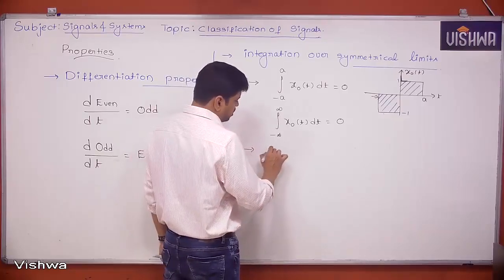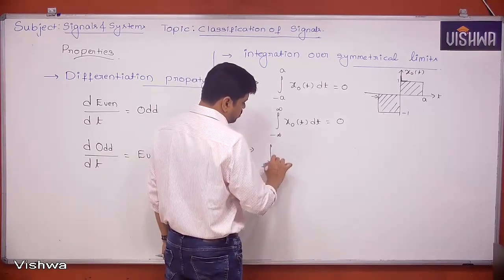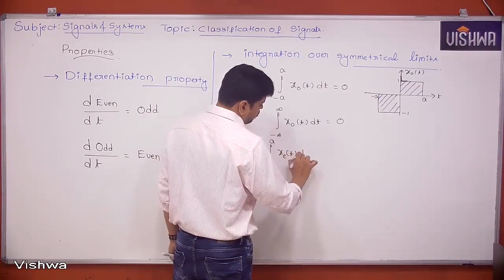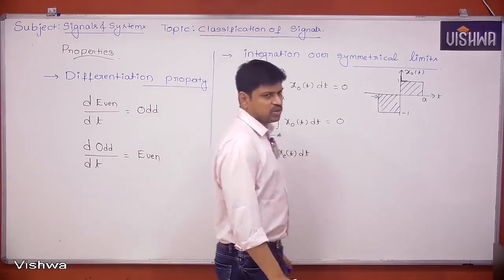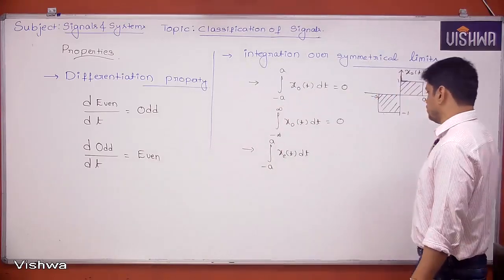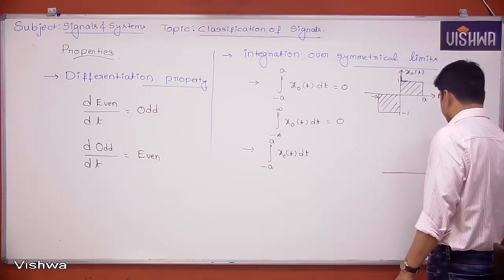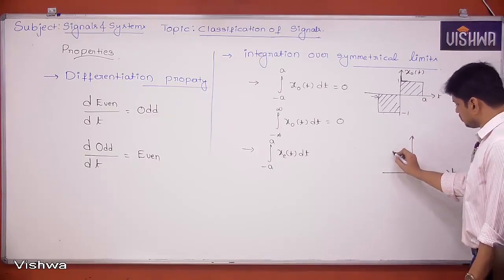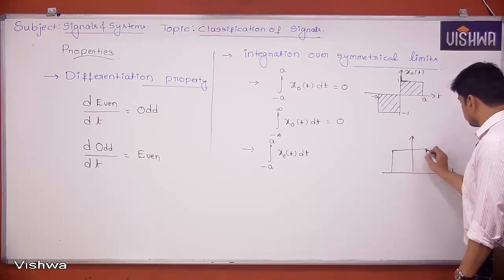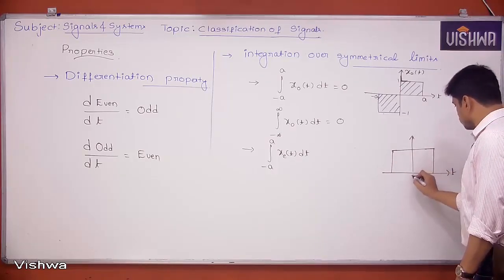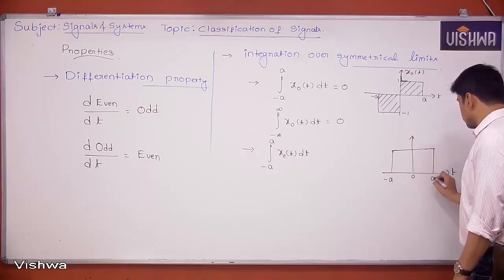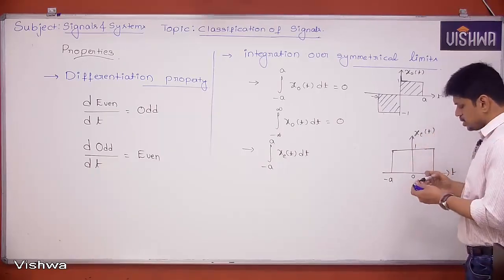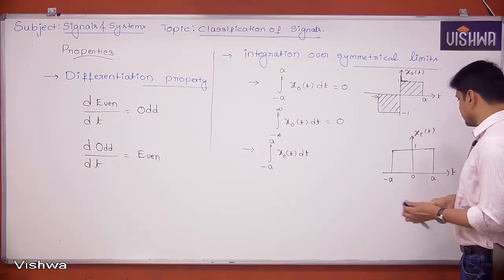In a similar manner, if you take minus a to a of an even signal, if you integrate an even signal over symmetrical limits, what will happen? Again, I am taking an even signal example, which is like this. Here also integration means we have to calculate the area under the curve.